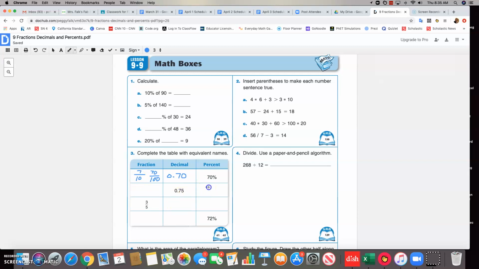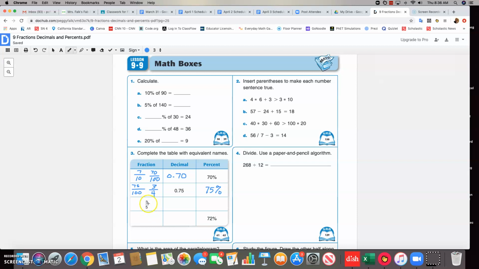Okay, 75 hundredths, that'd be the same as 75%. Now I could write this as 75 over 100, but I'm hoping that you all will get to know that 75 out of 100, like 75 cents out of $1, is the same as 3/4. Okay, 3/5.